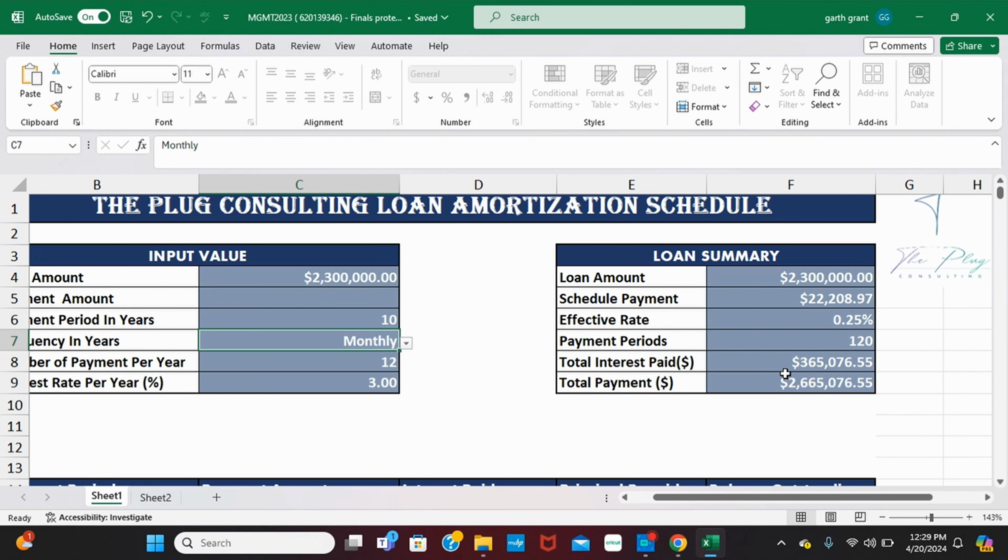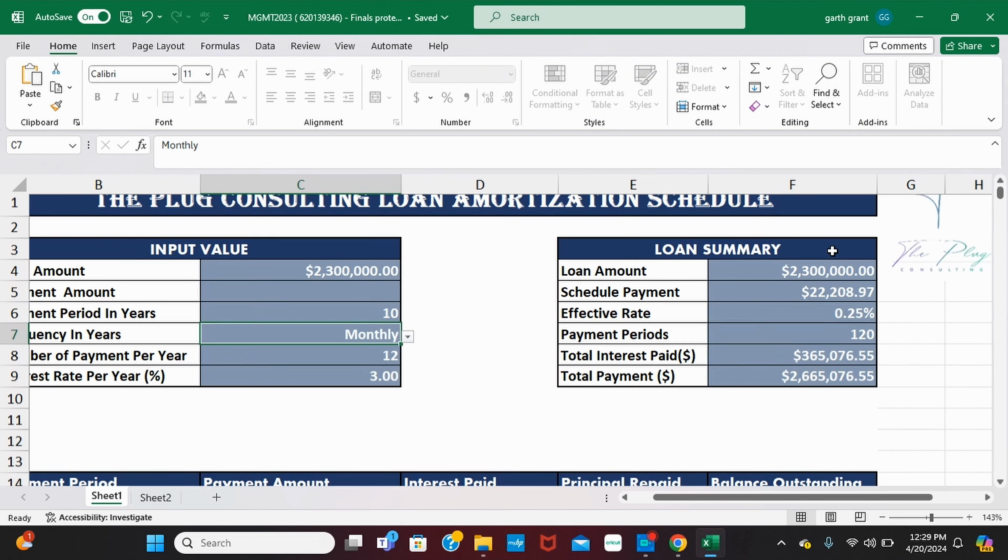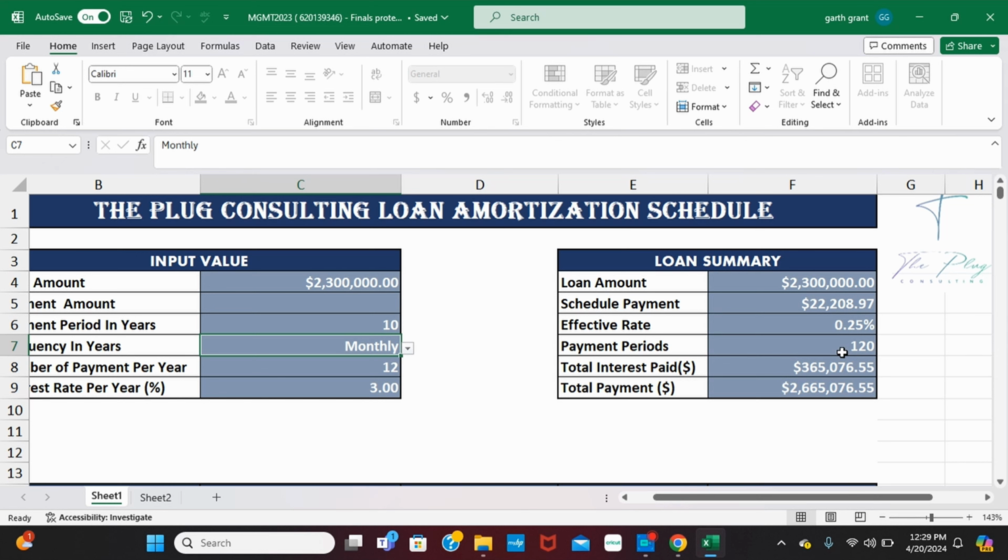Almost 50% more, because remember, originally it was 216,000. Granted, the monthly payment when it's 10 years is going to be smaller, as you can see, about 22,000, but you're going to end up paying more money at the end of the day.